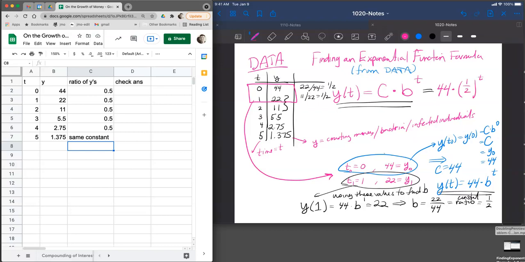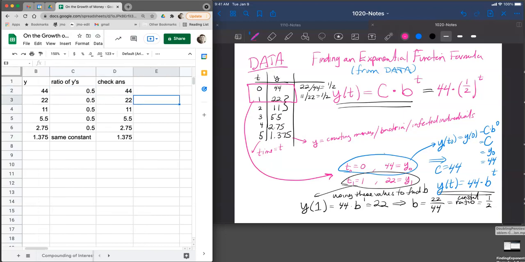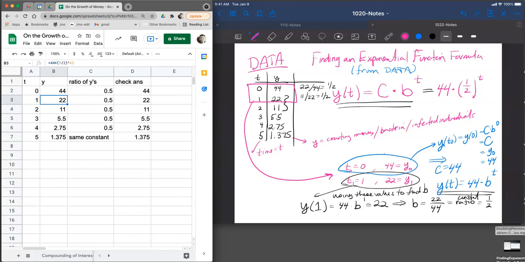If you were to check your answer, you could use 44 multiplied by 1/2 to the time parameter t, copy that formula down, and you should see that this exponential function goes exactly through all the given data. The y value from our data matches the y value from our formula.